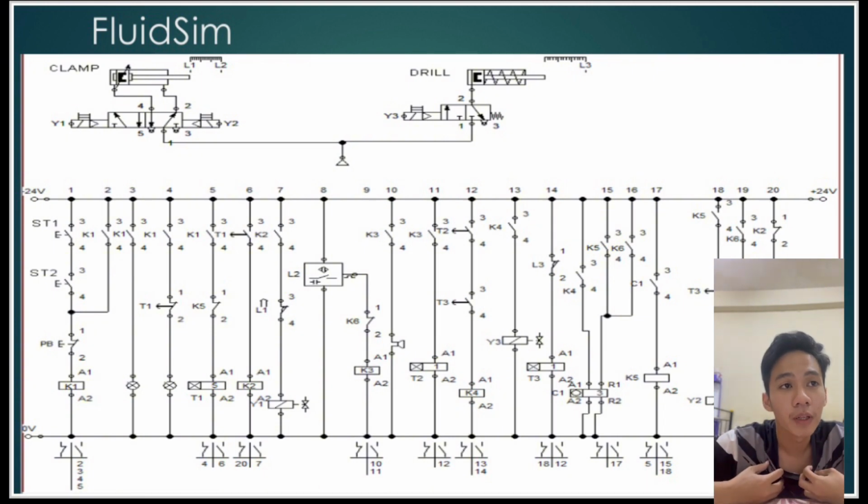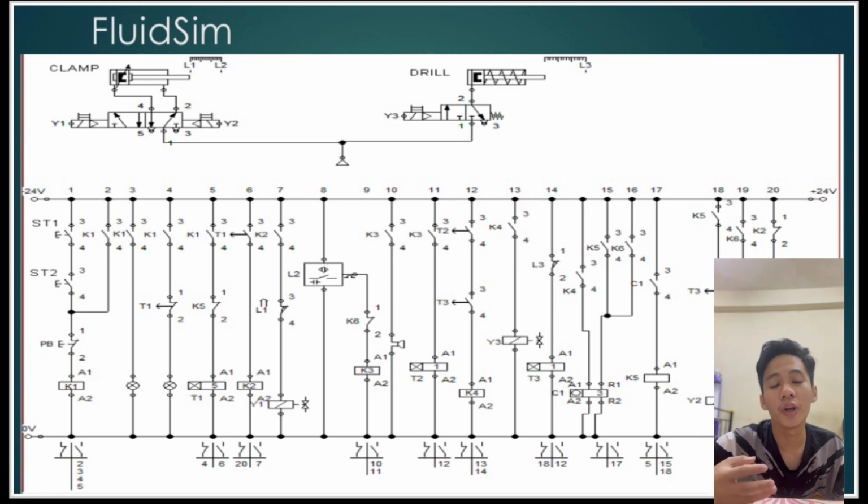Okay, this is for proposal 2. I will explain to you about the circuit, and I will start from line 11. First, after the relay K3 is triggered, the K3 switch is closed, and then the timer T2 is switched on.